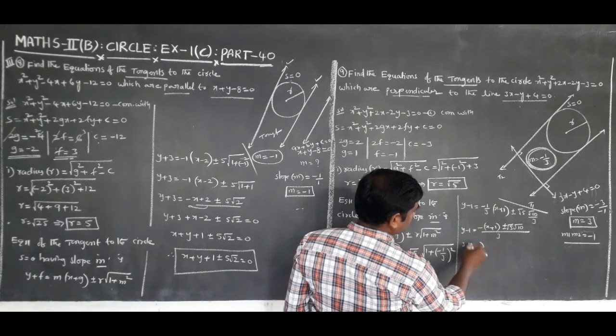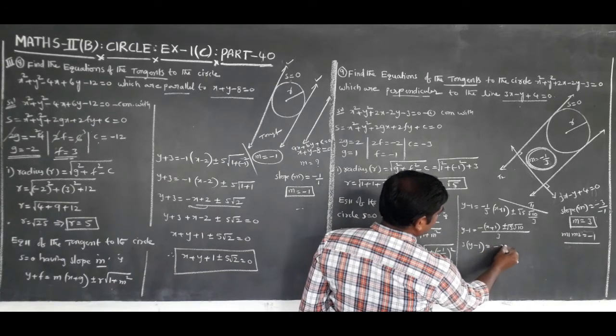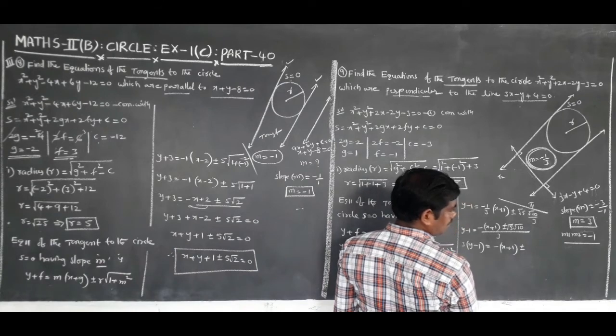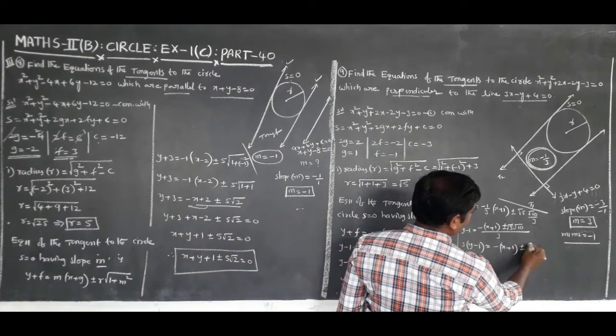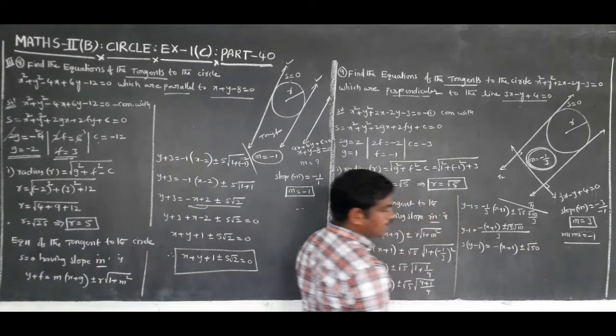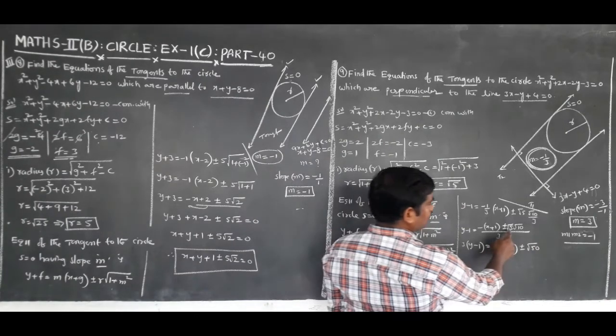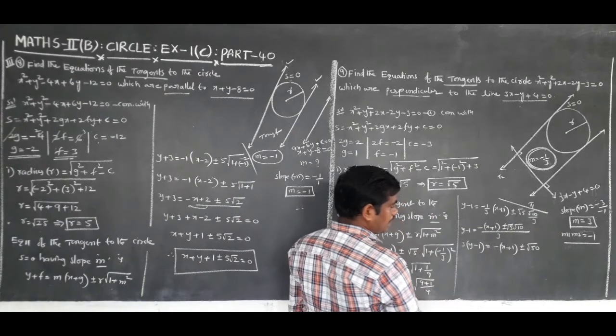3 into y minus 1 is equal to minus of x plus 1 plus or minus root 5 into root 10, which is root 50. Root m into root n is root mn.